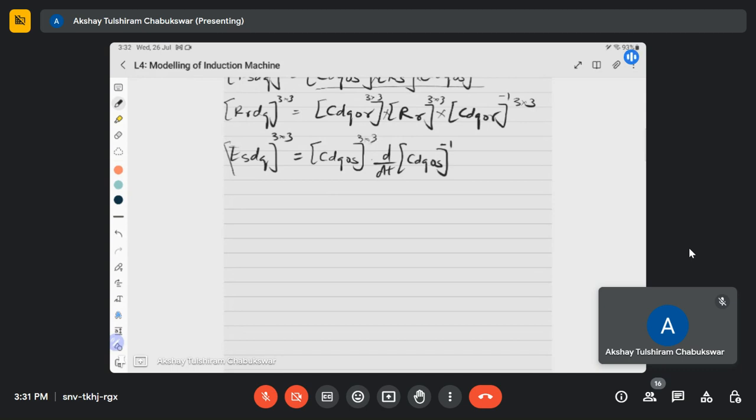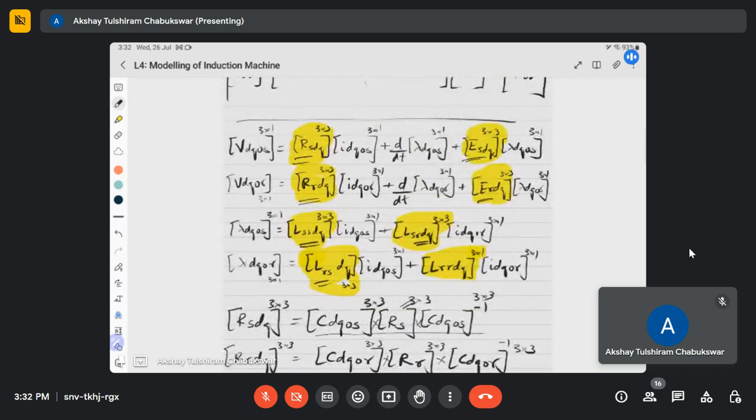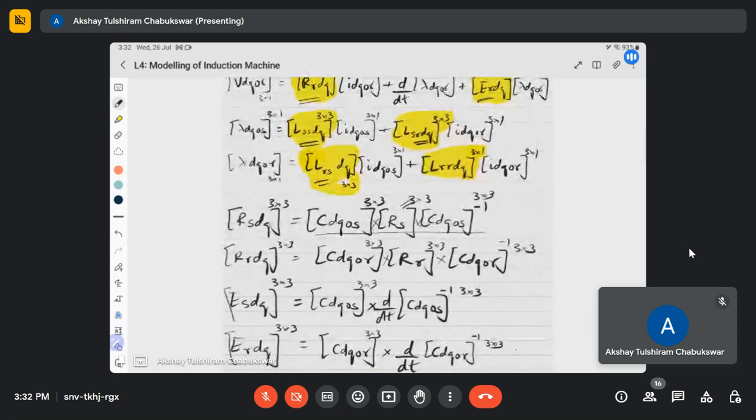This is 3 cross 3, this is also 3 cross 3. What is the value of E_R dq? It is nothing but 3 cross 3. It is C_dq0r, which is 3 cross 3, multiplied by d by dt of C_dq0r inverse. This is nothing but 3 cross 3. Okay, so we have written these 4 terms.